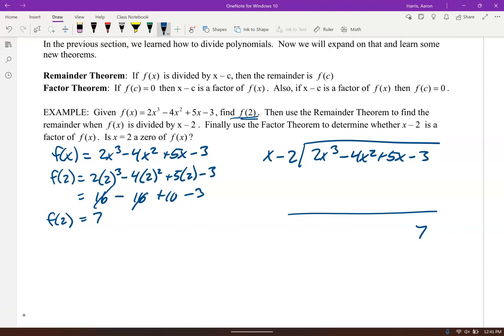No, right? This remainder's got to be 0. So no, it's not a factor. So x minus 2 is not a factor. Right? Because you got to have a remainder that's 0. Otherwise, it's not a clean factor.